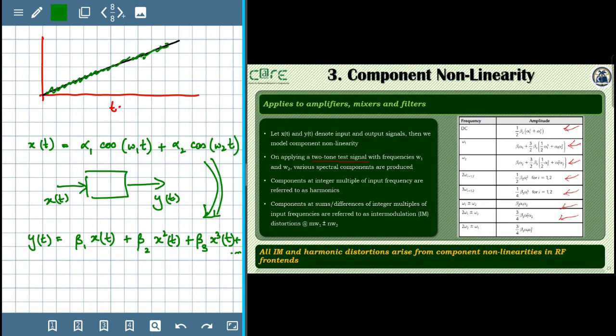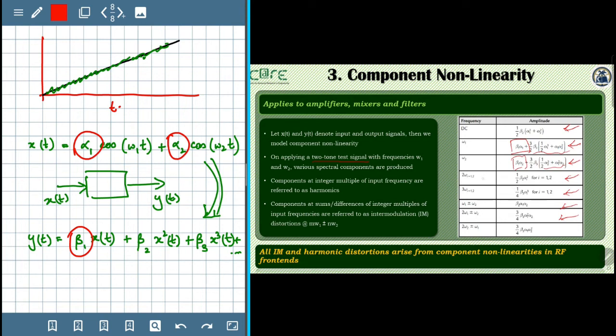It tells you that at omega 1, besides the desired component of beta 1 times alpha 1, which will be the desired behavior of any linear device, there are some nonlinear components. Similarly, at omega 2, not only beta 1 times alpha 2 is observed, but there are some nonlinear components there.